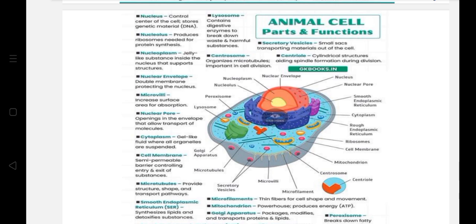So again, let me repeat, plant cells have a cell wall, they have chloroplast, and a large central vacuole. While animal cells do not have a cell wall, no chloroplast, and they have small vacuoles. But the rest of the basic parts like nucleus, mitochondria, Golgi apparatus, ribosomes, and cytoskeleton, they share these basic parts.